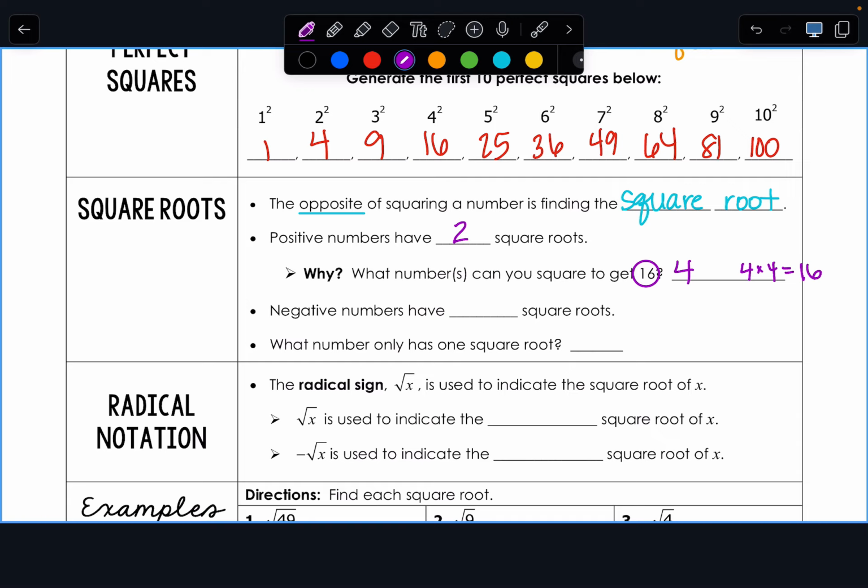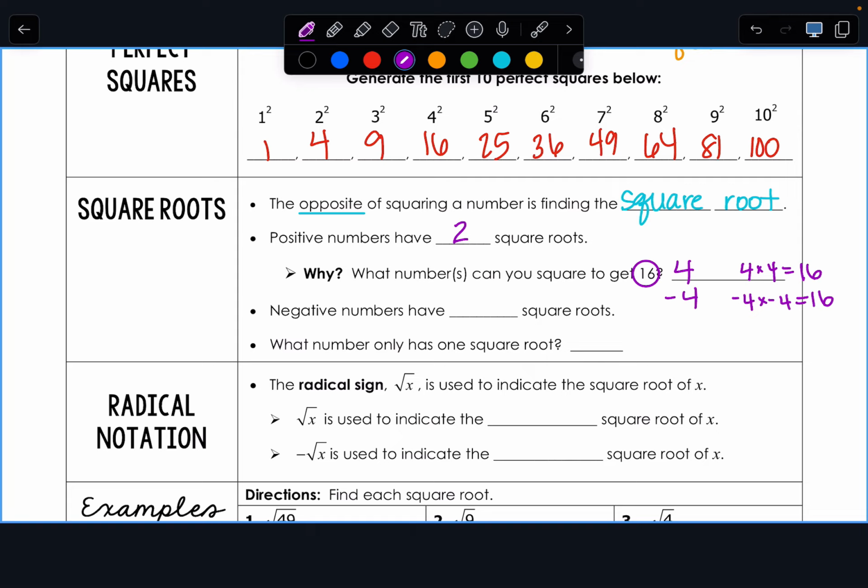So we know 4 times 4. A number times itself. Look maybe over here. Ah, what's negative 4 times negative 4? So we can have a positive number and a negative number for our answer.